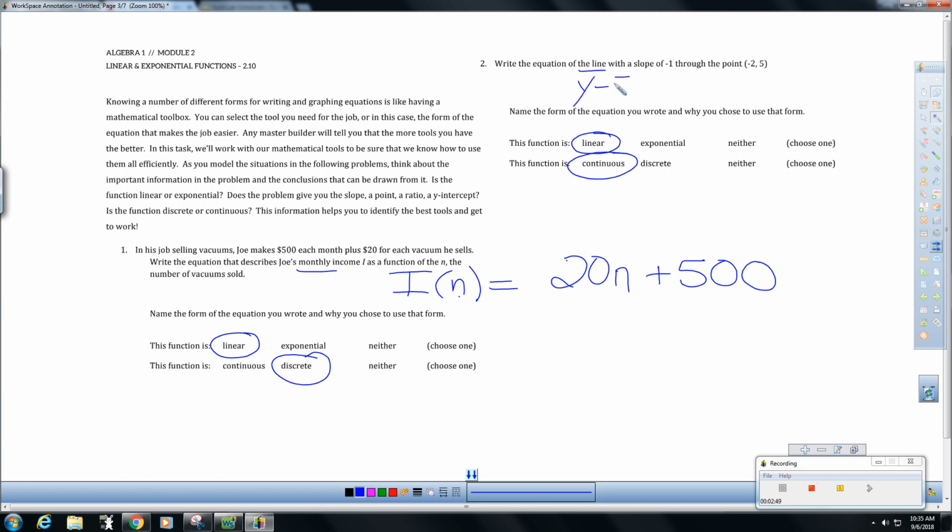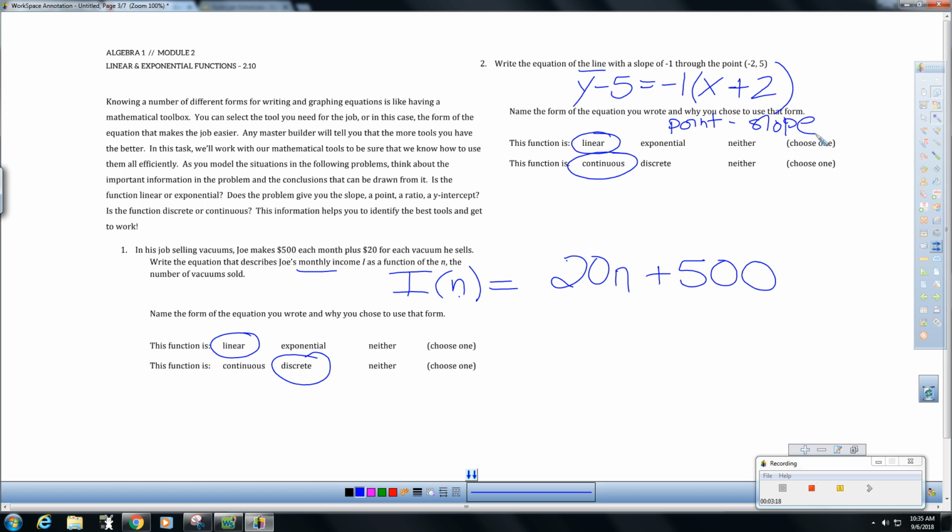Y minus 5 equals -1 times x minus -2. Minus a negative turns into a positive. So I used point slope form. Okay? Name the form of the equation. Point slope. Sorry. And why did I choose to use it? Because I was given a point and I was given the slope.